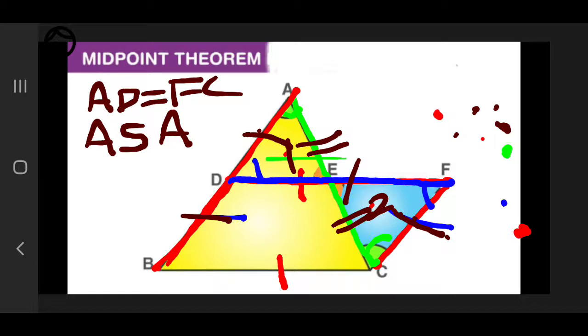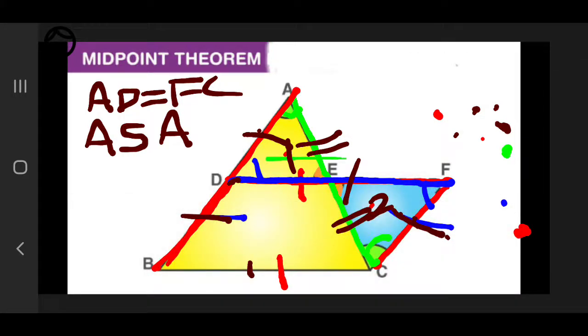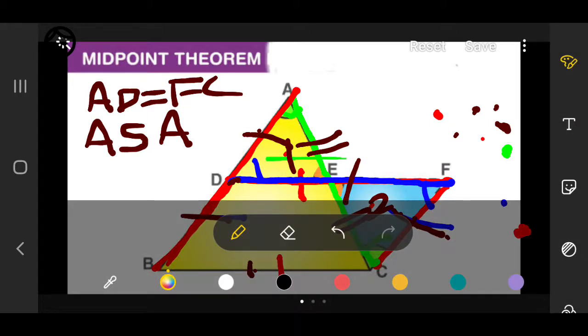What is the converse? The line passing through the midpoint of one side of a triangle and parallel to the second side will bisect the third side. Okay, that one we proved.